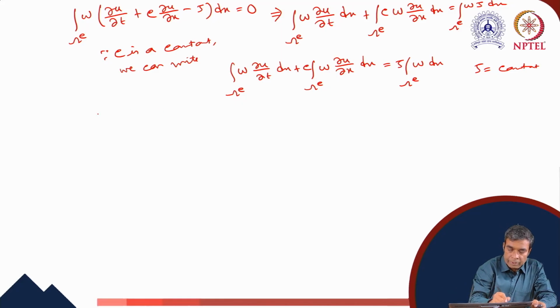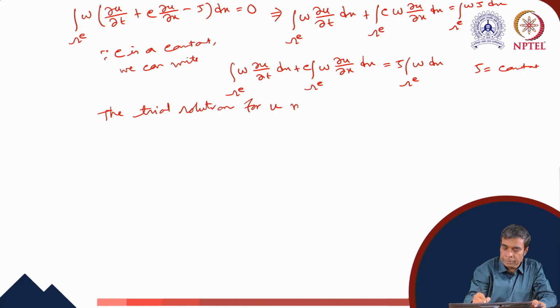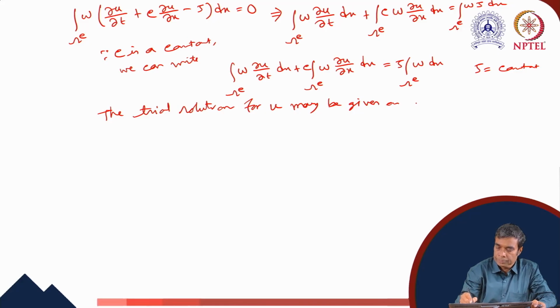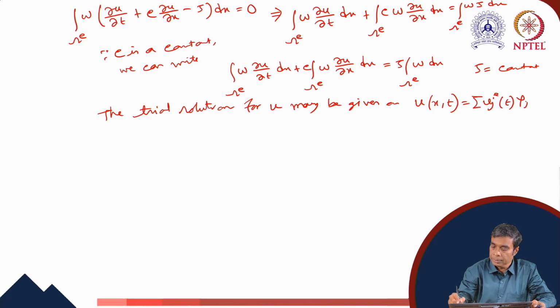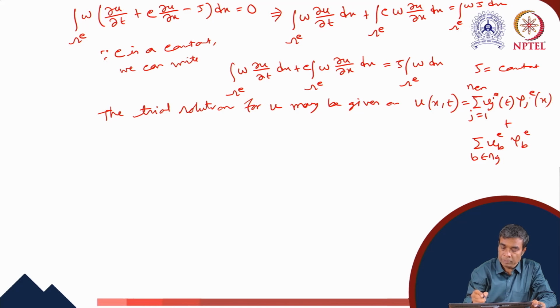Now the trial solution for the degree of freedom may be given as u(x,t) equals to summation of u_j^e(t) psi_j^e(x), as j is varying from 1 to n, plus summation of u_b^e psi_b^e, where b belongs to the essential boundary.